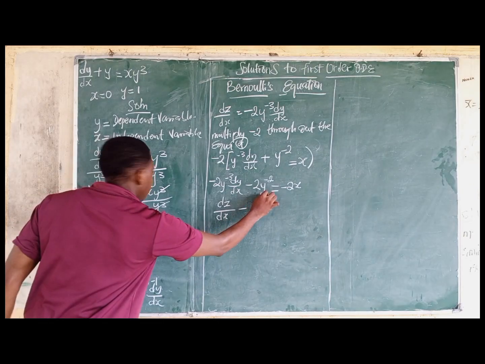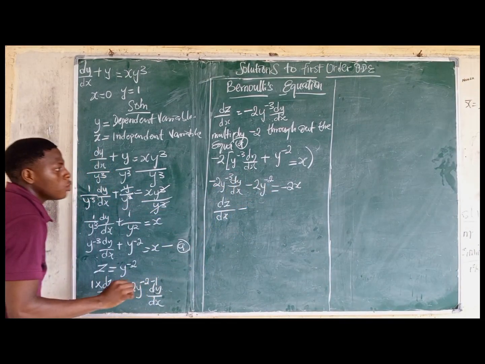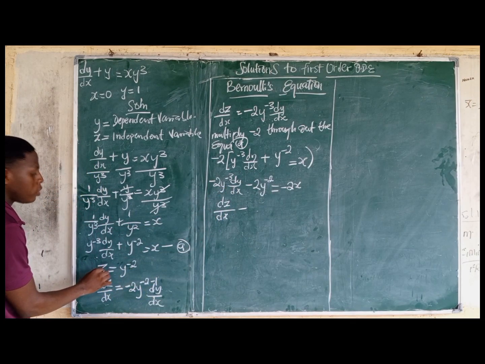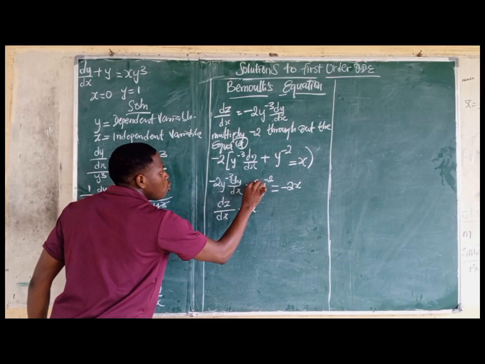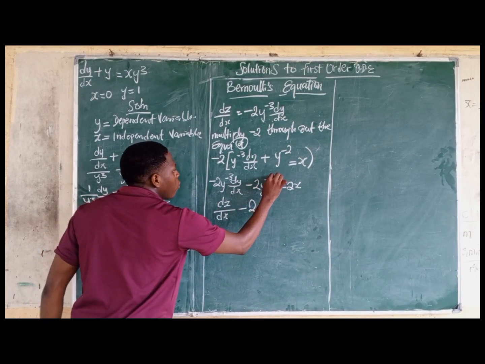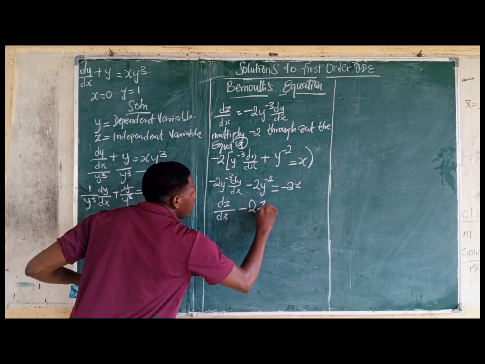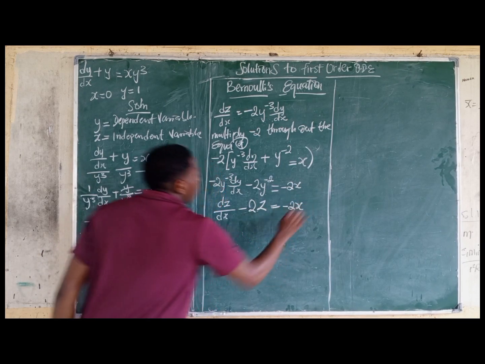And we said that z can be represented as y raised to the power of minus 2. So can we say minus 2z, minus 2 multiplied by this z? So this is minus 2, which is this 2. And we know that y raised to the power of minus 2 is z. So we can put z here, and this equation is equal to minus 2x.